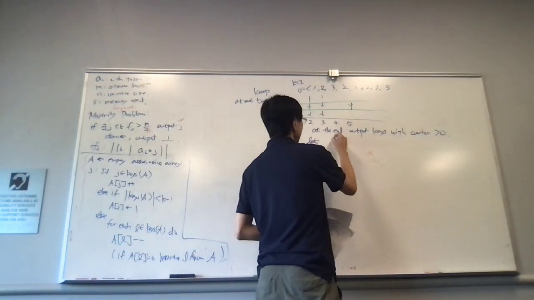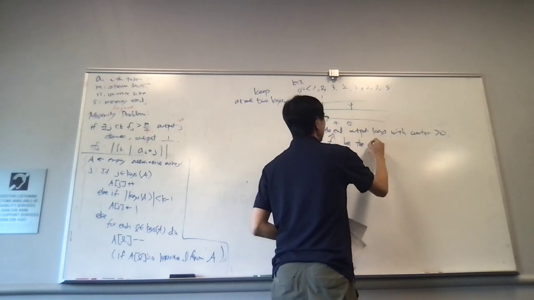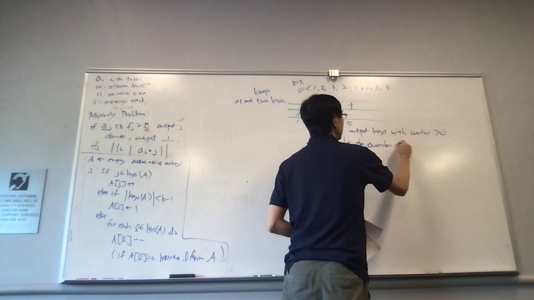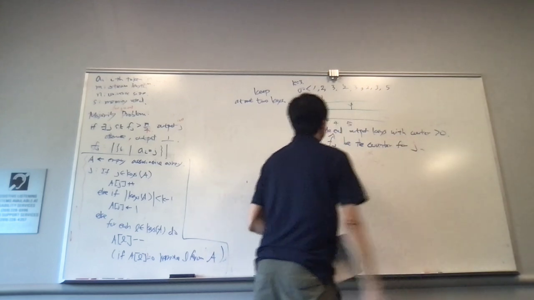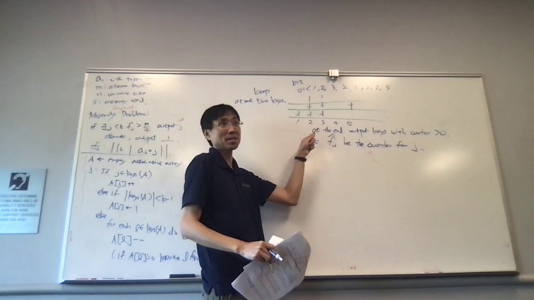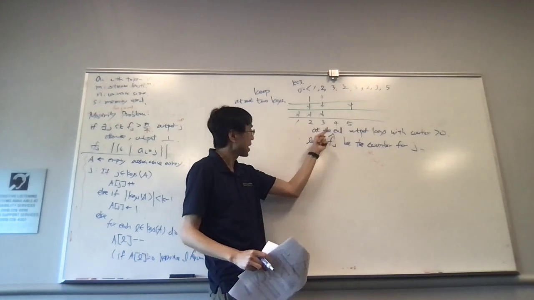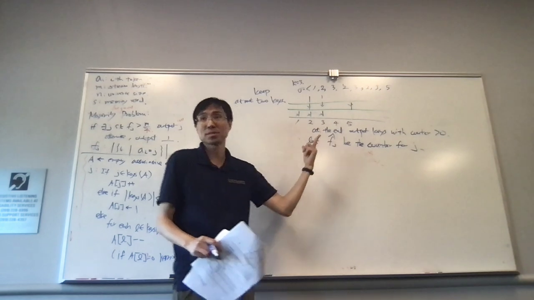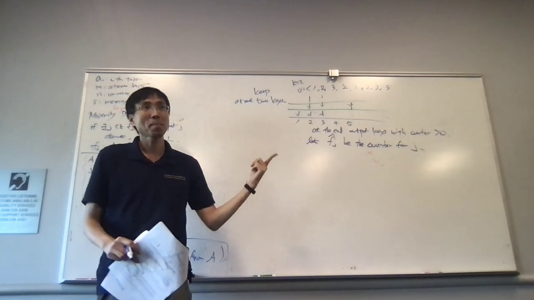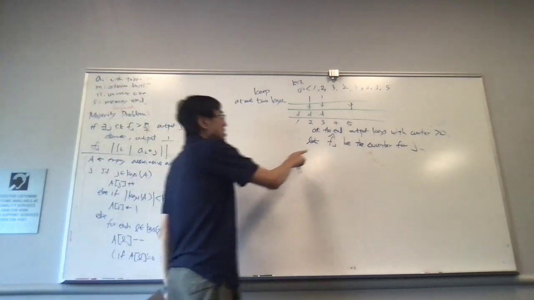So I use this hat here because it's an estimate, to emphasize. So f_j without the hat is the true frequency, but the hat means that it's the frequency estimate. I want to see what's the quality of my estimate.